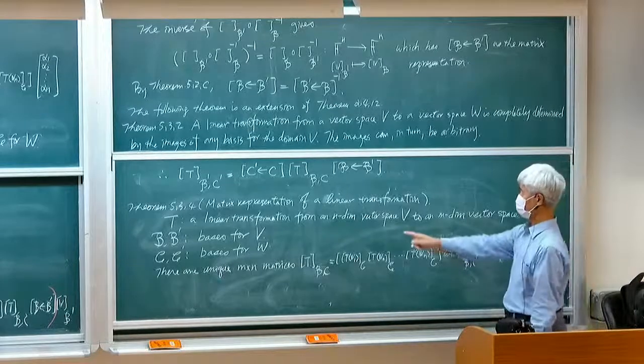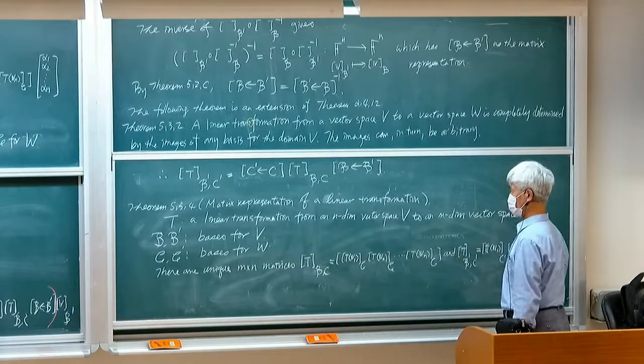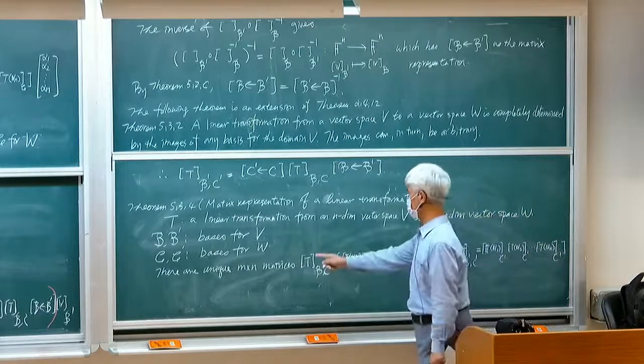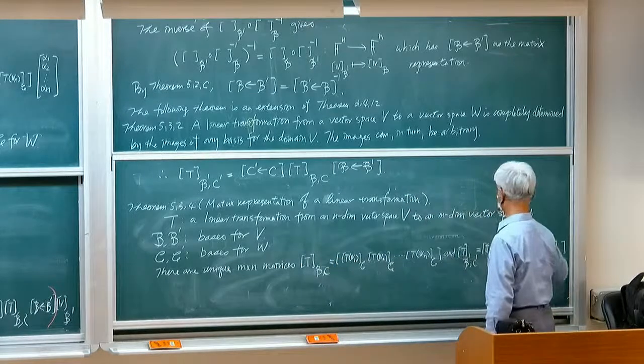Okay, so they are unique m times m matrices. So we have two, right?